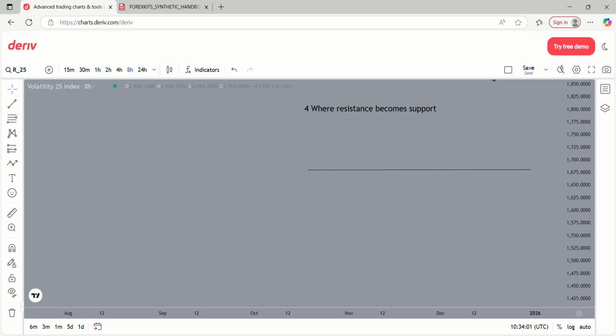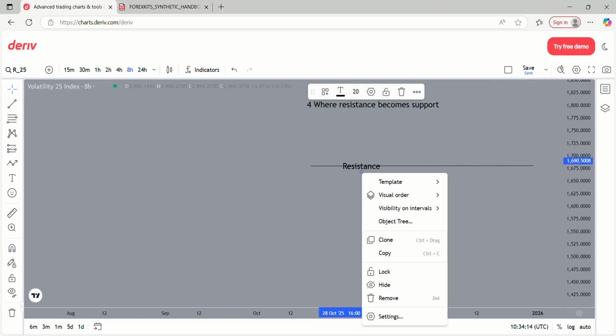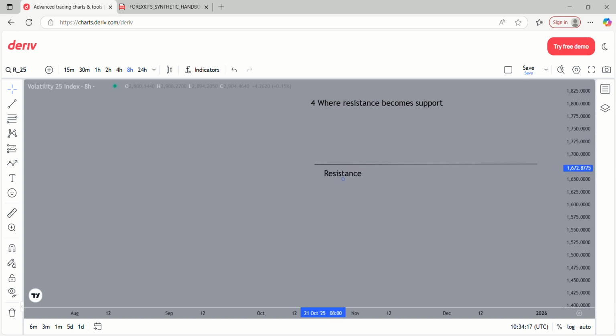So this is our resistance, and I'll use my pen tool to describe how the movement goes. Market was buying, but when it gets to the resistance, you see sellers are now in control and they are pulling price down, so resisting upward movement.